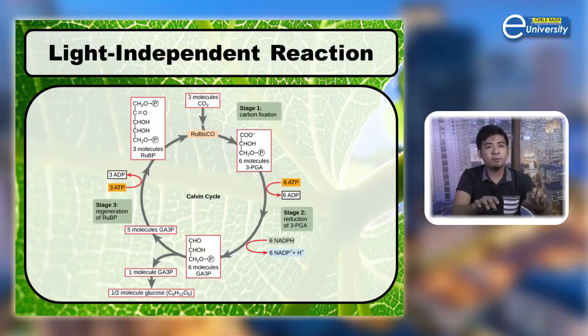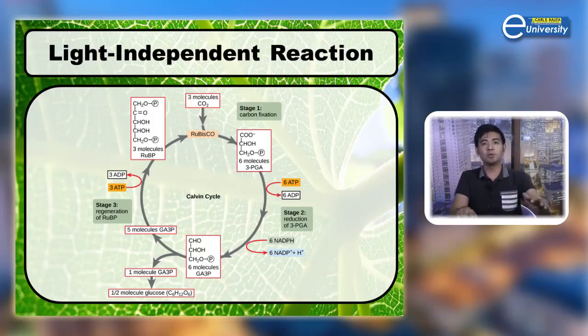Again, the rubisco is regenerated and further used in the carbon fixation once again. As I said earlier, it is a cyclic process. The rubisco is recycled again and again because it is used in the carbon fixation. Again, the Calvin cycle must rotate 6 times in order to provide one molecule of glucose.